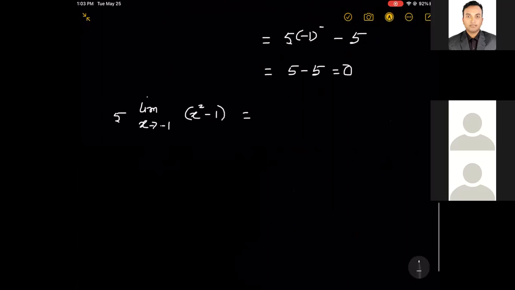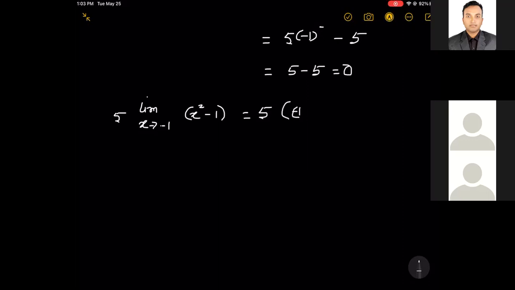Again, it's not doing any harm to our function. It's still defined if we plug in -1. So I can plug in -1 in place of x, so it gives me 1 minus 1, which is 0. And as you can see, we have the same result.